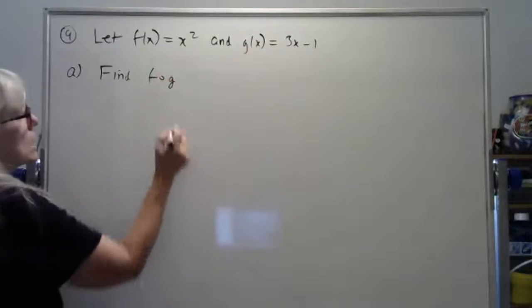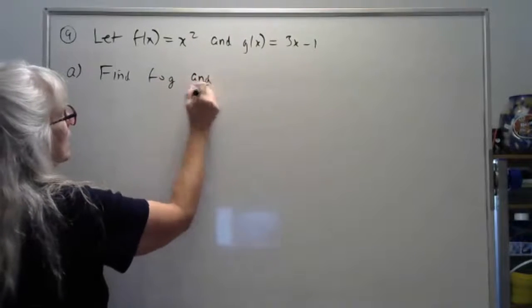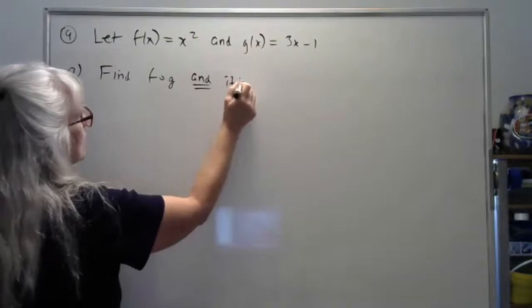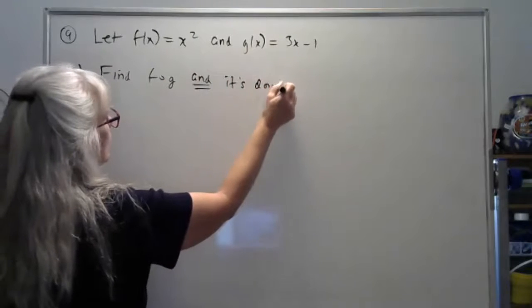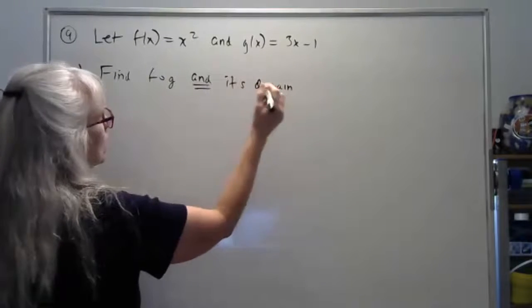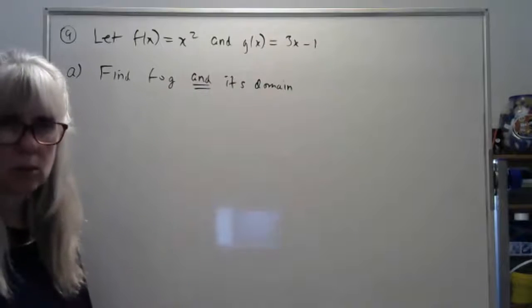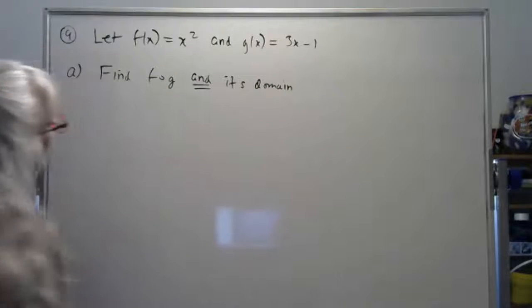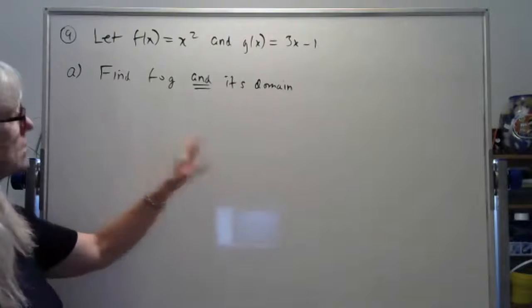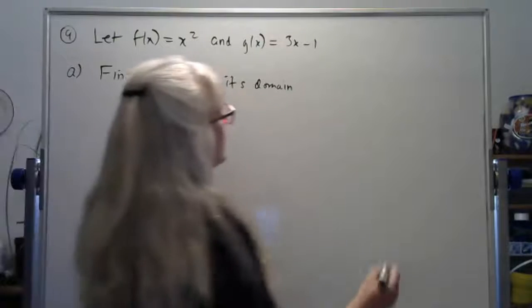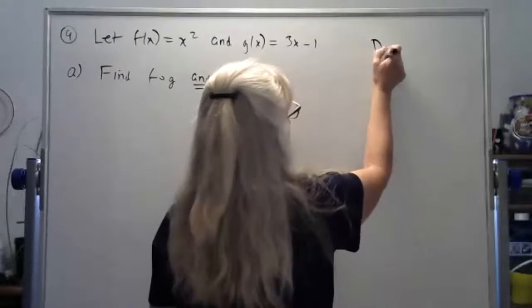f compose g and its domain. So not only do I need to compose the functions, but I also need to address the domain issue. And before I go do that, let's come over to the side and just talk about the domains in general.